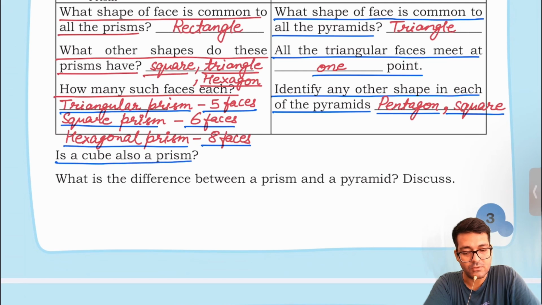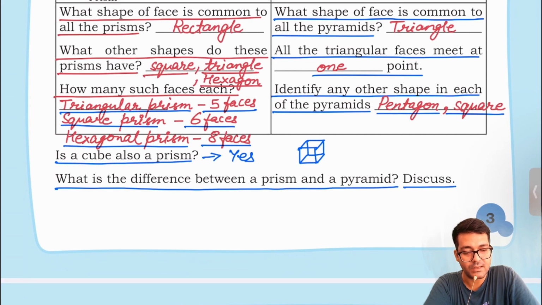Is a cube also a prism? Yes. A cube is a structure similar to a rectangular prism, that is a cuboid, but all the faces are square in shape. What is different between a prism and a pyramid? Discuss.